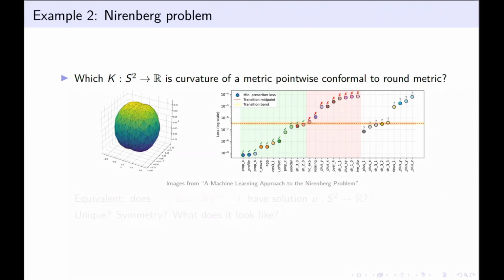The green ones are the ones where there's some theorem that guarantees yes, there must exist a solution. The red ones are the ones where there is some theorem that guarantees there cannot be a solution. And then there are the gray ones, which are the mystery ones, where you don't know if there is a solution or not.